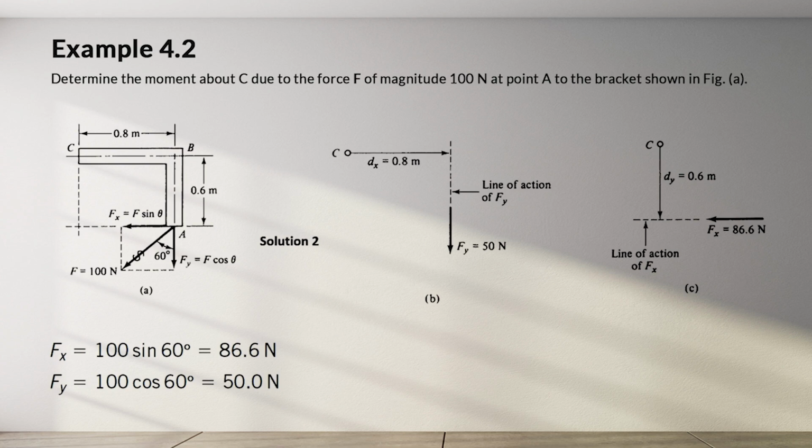The Fx of 86.6 has a lever arm of 0.6 meters to point C, and the Fy has a 0.8 meter lever arm to point C. So the moment about C equals negative 50 times 0.8 minus 86.6 times 0.6, which equals negative 91.96 Newton meters, or 92 Newton meters.